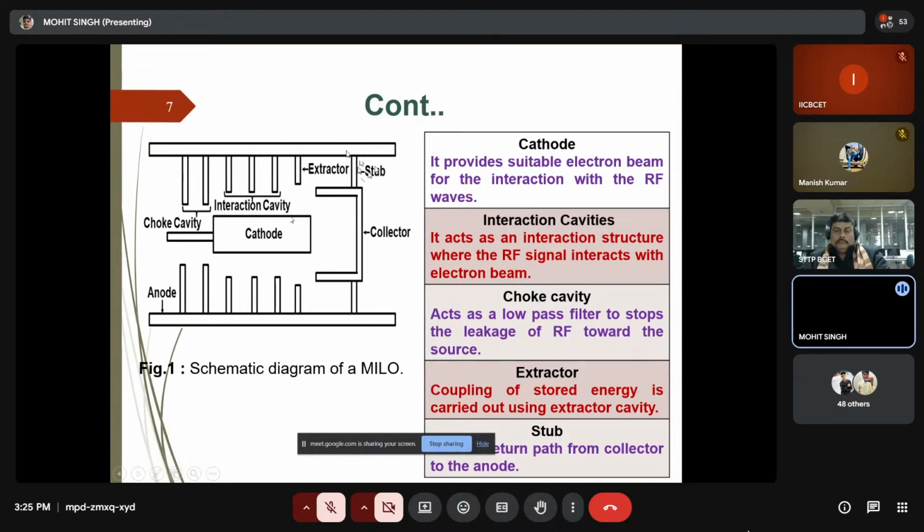If the current flows from this stub towards the left side of this anode, you know that if you have a current-carrying wire, a magnetic field is generated, and the direction of that magnetic field you can decide with the right hand thumb rule. I hope you people are aware of that right hand thumb rule. And the same thing is happening here. Whenever these electrons are emitted from the cathode, they are the source of the current.